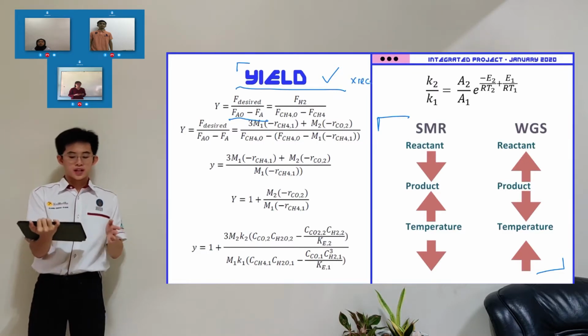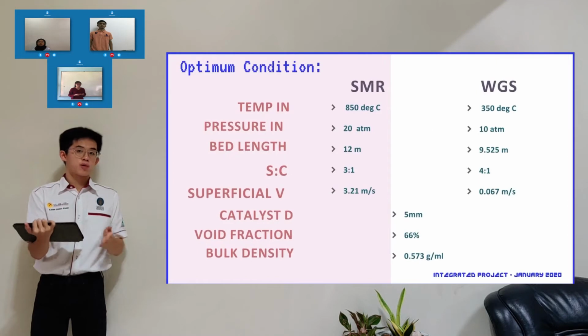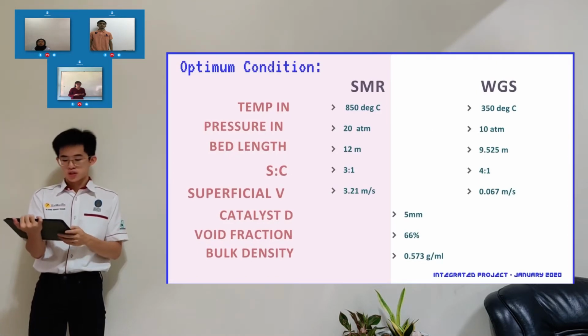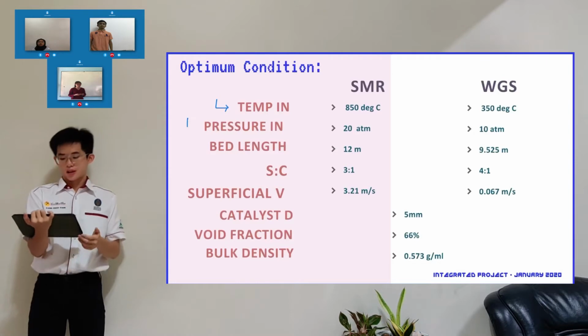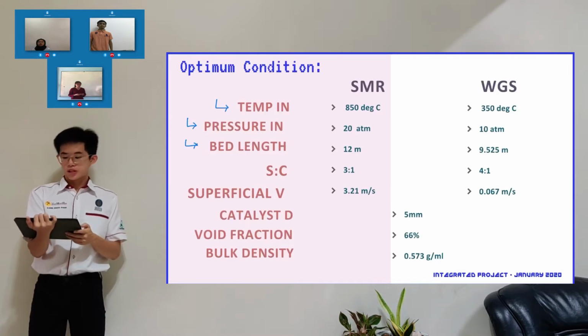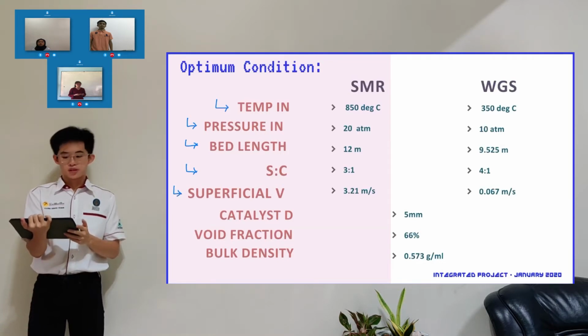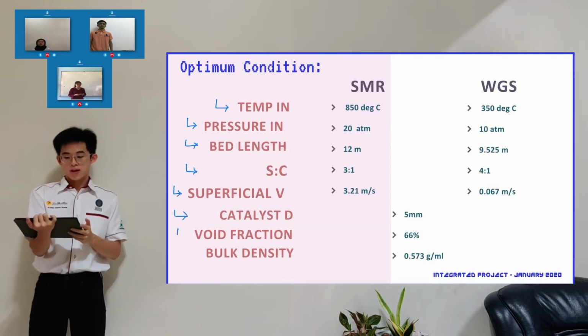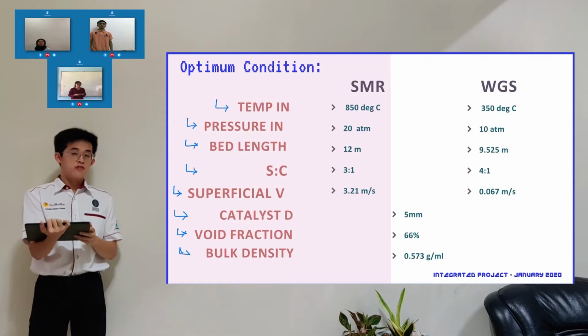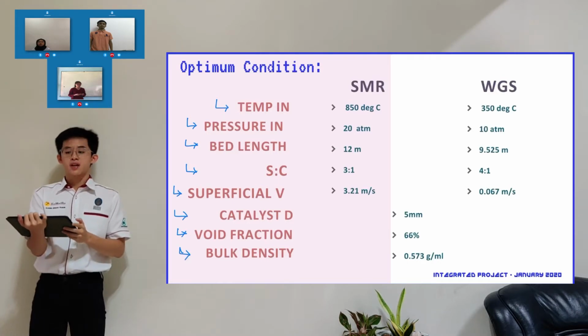To complete the project, some information was taken from the reference, such as the optimum inlet temperature, the inlet pressure, bed length, steam to carbon ratio, superficial velocity, catalyst diameter, void fraction, and bulk density. With this information, we can then calculate the size of reactors required.